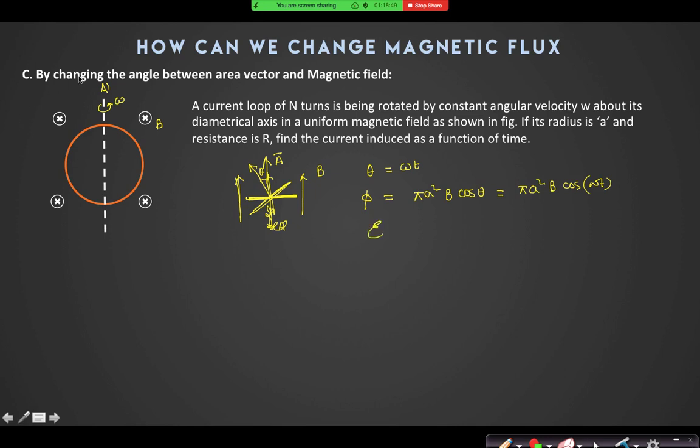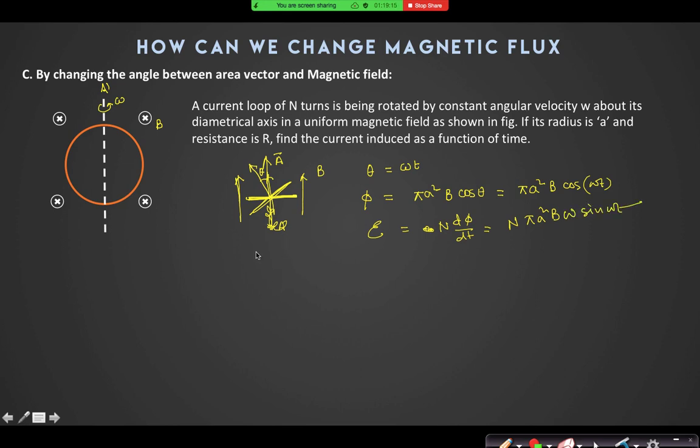So the EMF is equal to minus n into d phi by dt. You can put the negative sign or ignore it, no problem, because we are only calculating the current, not finding its direction of flow. So n d phi by dt is n pi a square B omega sine omega t.